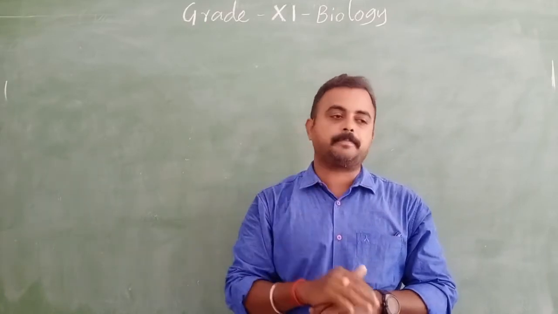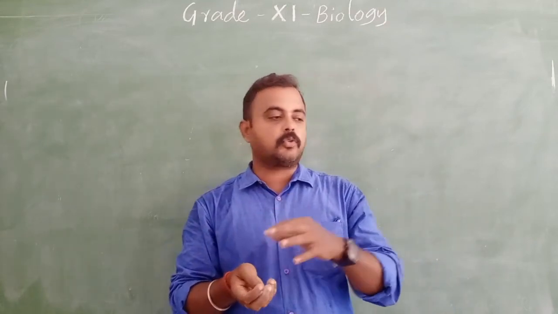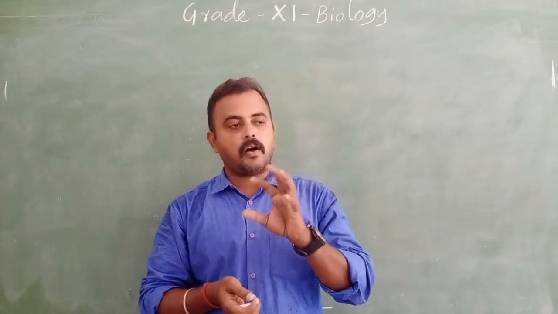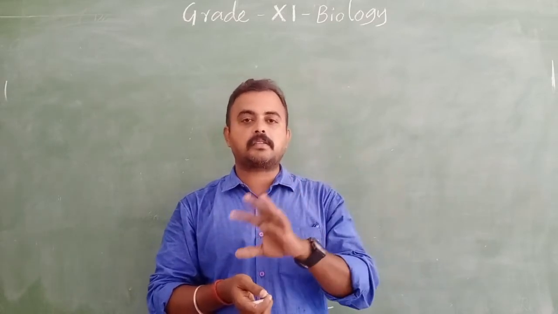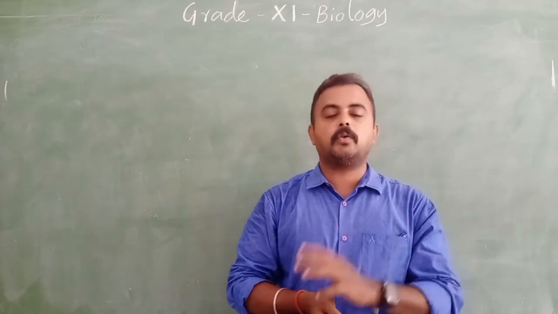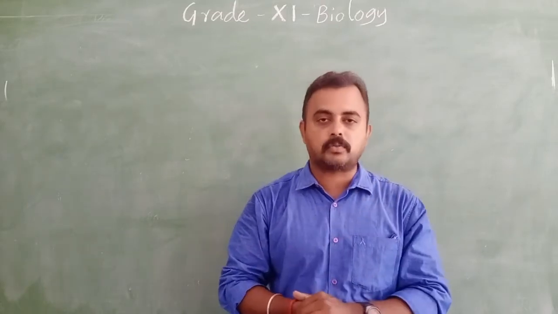If the pressure is high, it moves to lower pressure. Based on that, the oxygen and carbon dioxide are exchanged in our body, as I have explained. I think you all understood that.